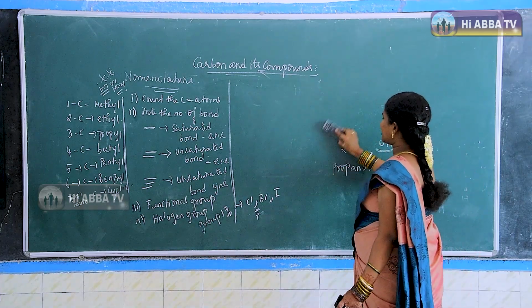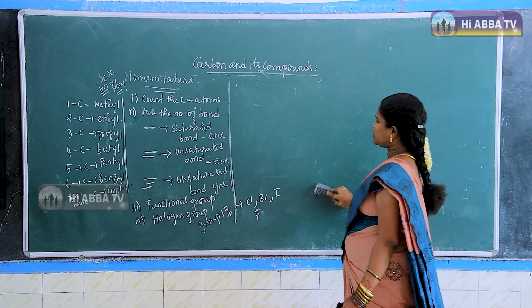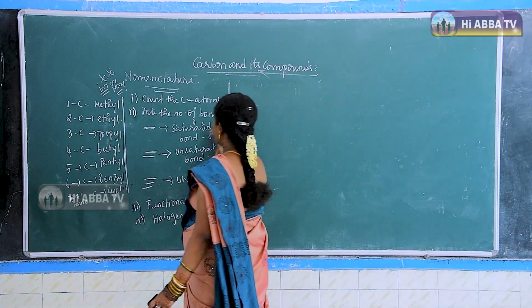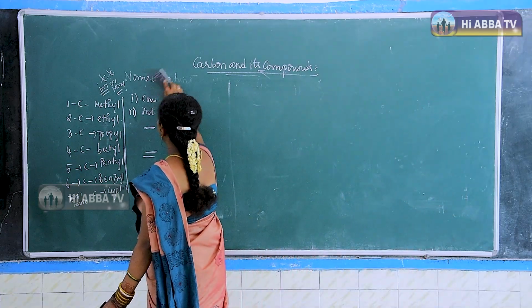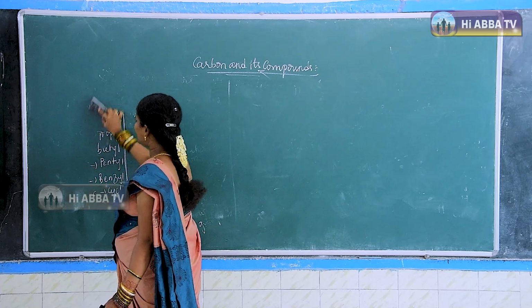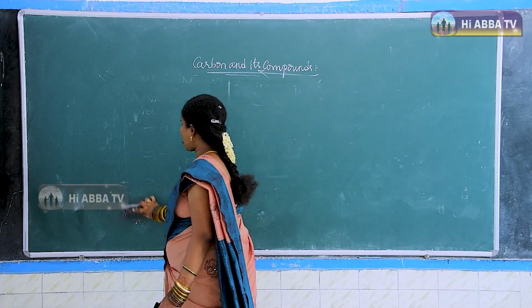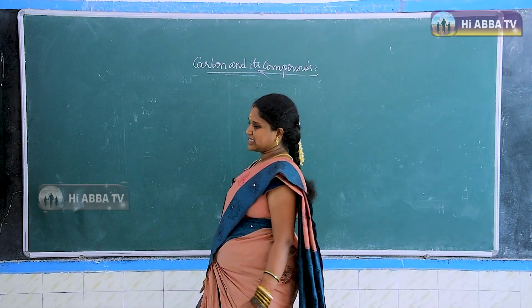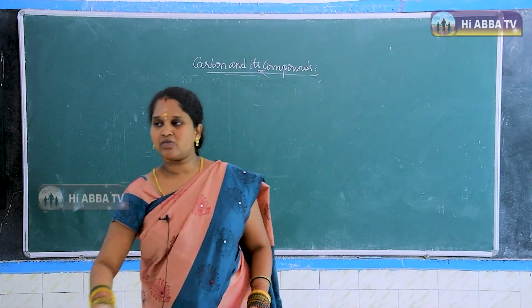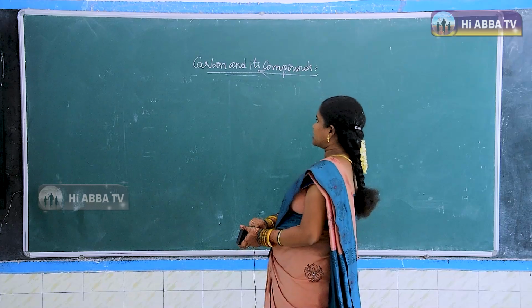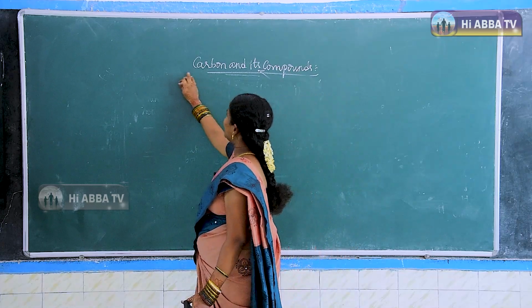And the next 2 important topics we are going to discuss related to board based questions are properties of ethanol and properties of ethanoic acid. This is a very important board based question.